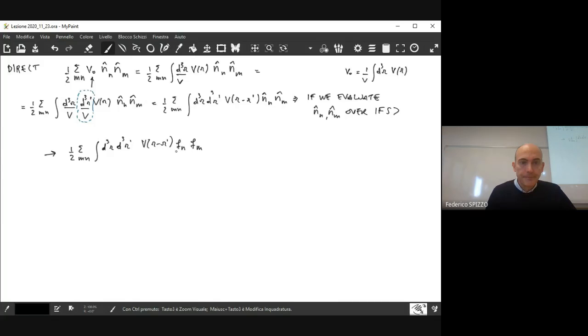If I just, let's say, write the full expression of V here, for simplicity, I just use the Coulombic one, but just not to stress what the actual value of V is, I just write that V of r minus r prime is equal to e squared V tilde of r minus r prime.